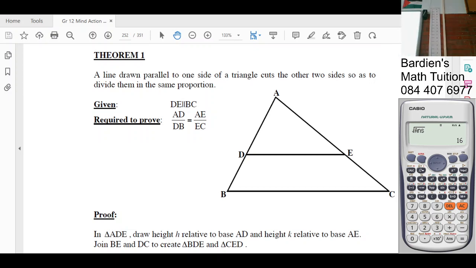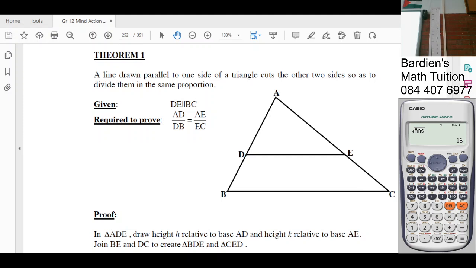So what you notice here is that we have that and we have that now. The only thing is we need to link these two together. So what we notice at this point is that on top I had triangle ADE, and on top I have triangle AED.